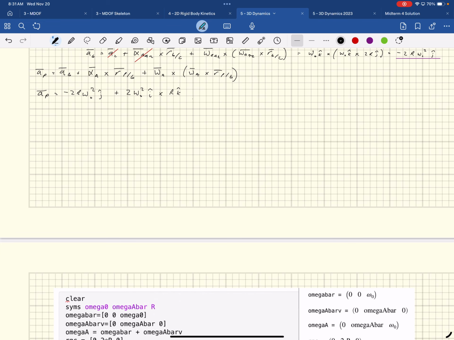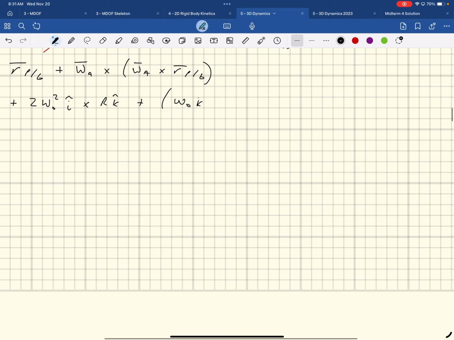Plus omega naught in the K direction, minus 2 omega naught in the J direction. That's just omega naught, and I have to cross that with the quantity of that again, omega naught in the K, minus 2 omega naught in the J, crossed with R in the K.